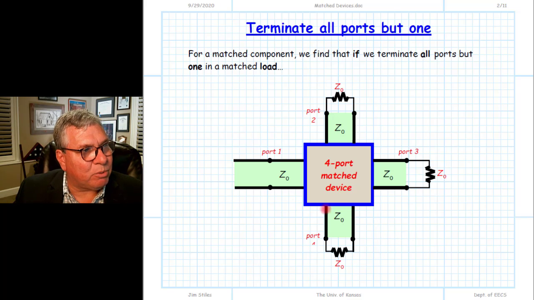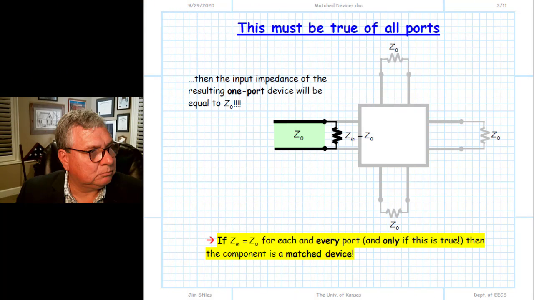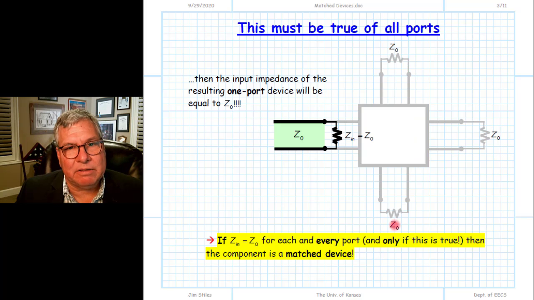If we have a four-port matched device, what we'll find is this. When we take a four-port component and we connect something to three of the ports, what we've done is create a one-port device.